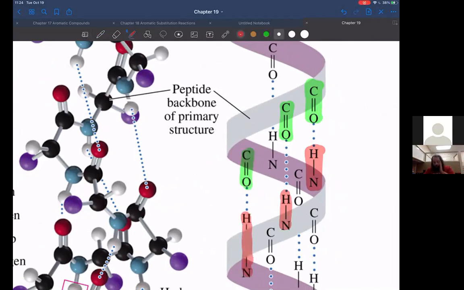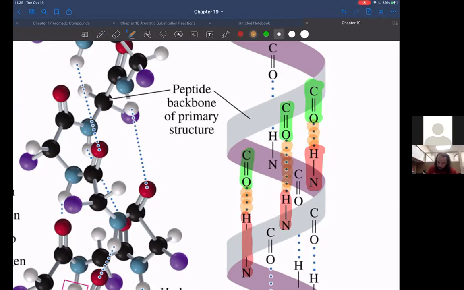And so you can see how this is going to be this common, it has everything to do with just the backbone of a polypeptide, which contains that carbonyl carbon and the nitrogen single bonded to a hydrogen. These are able to hydrogen bond to one another. That's what this dotted line represents here, where these hydrogen bonds take place. And that holds this peptide chain in a helical structure.